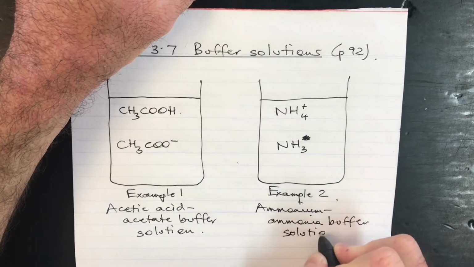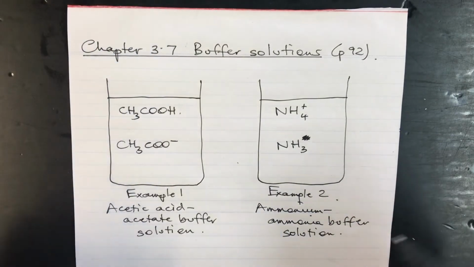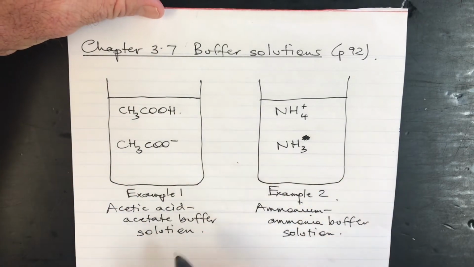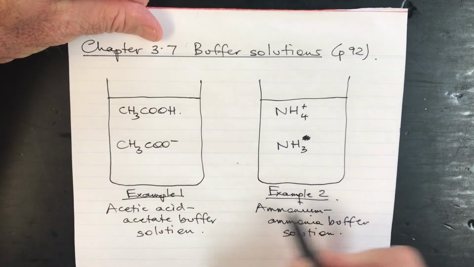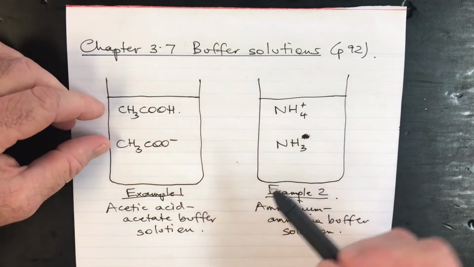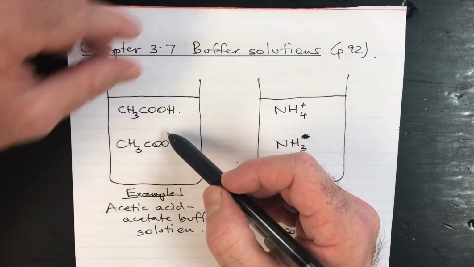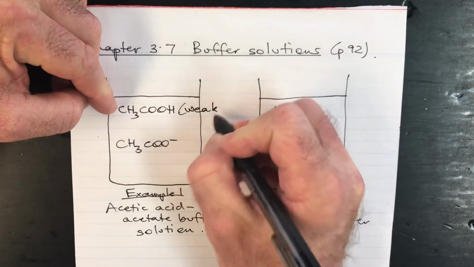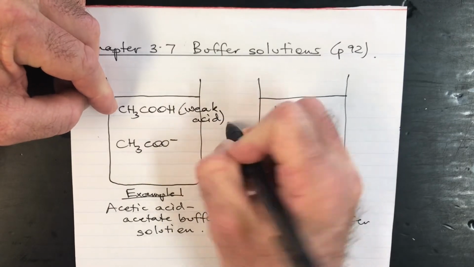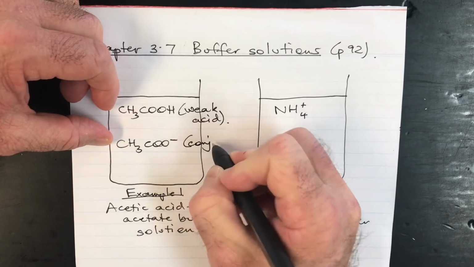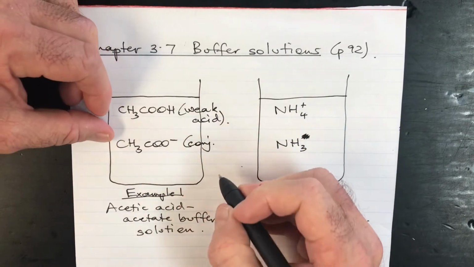Okay, so in a moment I'll go back to the textbook, but essentially all the buffer solution is, in this first example here, is made up of two similar looking chemical species. This first one is actually a weak acid, and the second one is its conjugate base, remember from that last video.